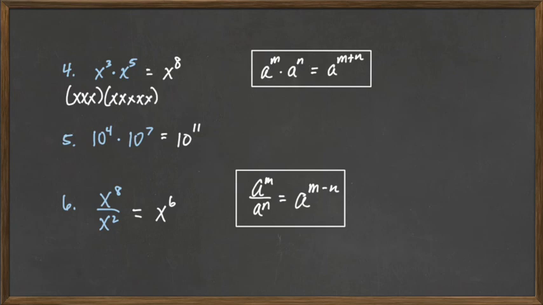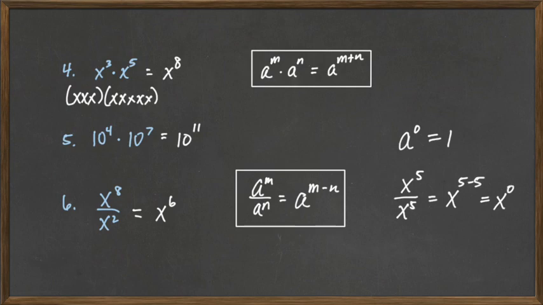So again, they're opposites. Now, I want to go back to something I said earlier. I said a to the 0 power is 1, or anything to the 0 power is 1. One way that I could show you that, and there are others, but this will be good for now, is if you had x to the 5th over x to the 5th, well, that would be x to the 5 minus 5 power, which is x to the 0 power.